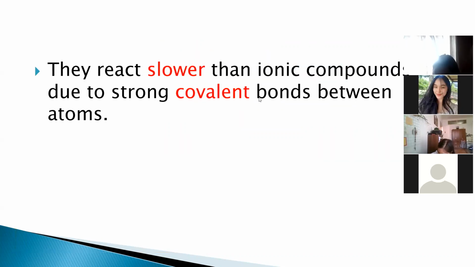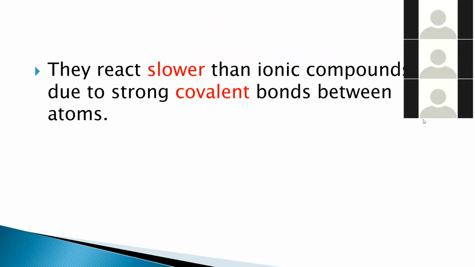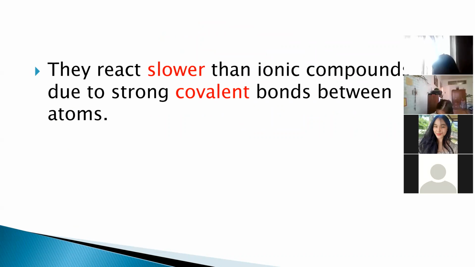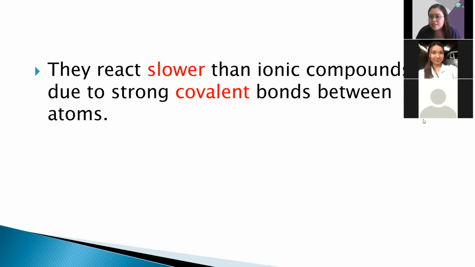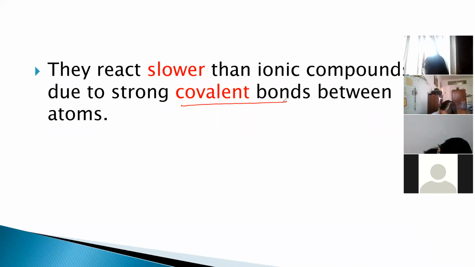The third one is they react slower compared to our ionic compounds. So why do they react slower? Because of the presence of the covalent bonds between the atoms. So that is the effect of having the covalent bonds.